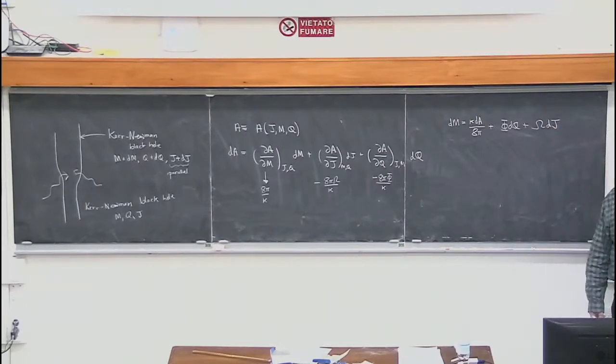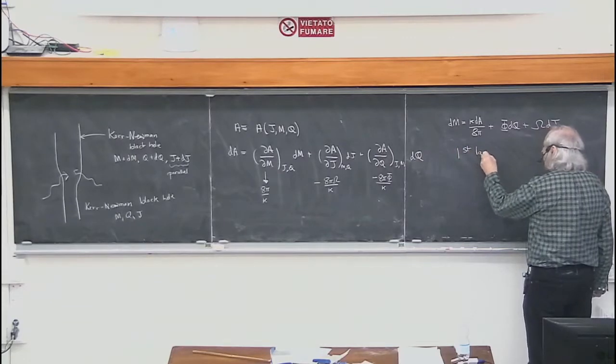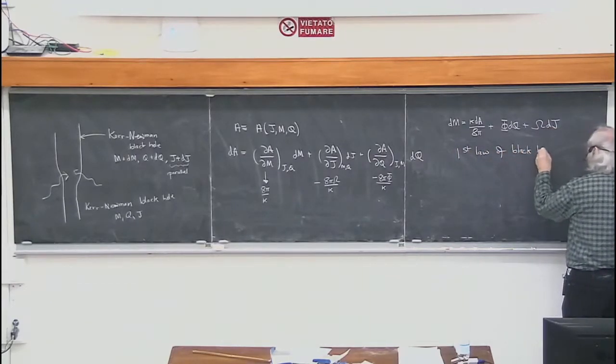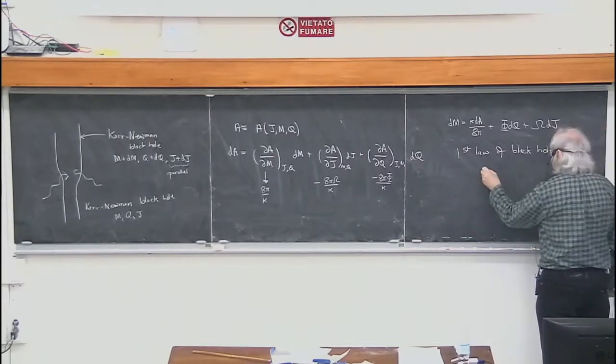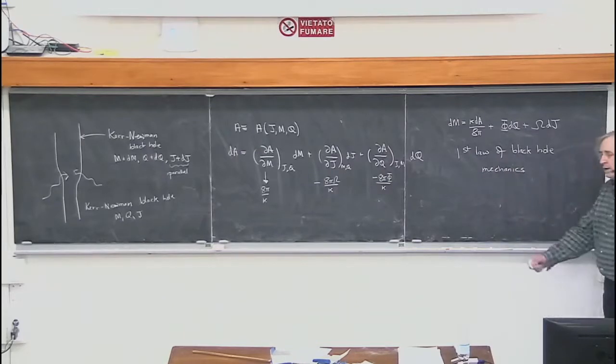This is sometimes called the first law of black hole mechanics. It tells me how two neighboring states in equilibrium are related to each other.